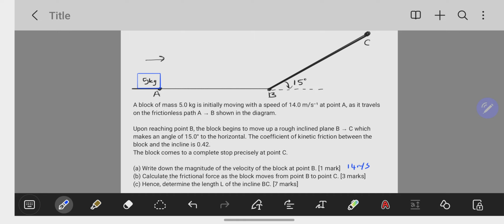Now, part B, calculate the frictional force as the block moves from point B to point C. Now we can draw a nice little sketch over there. Just make a nice little diagram there.